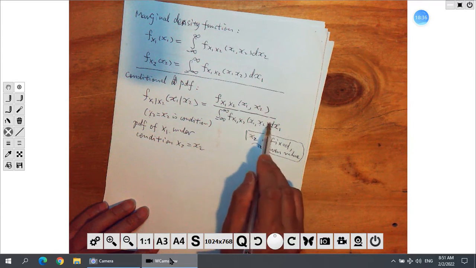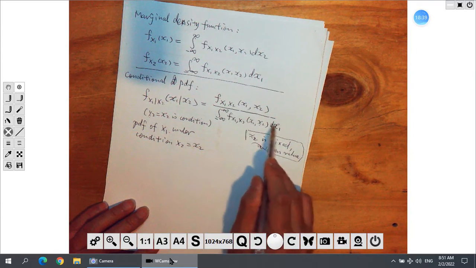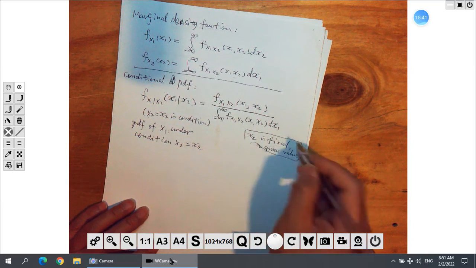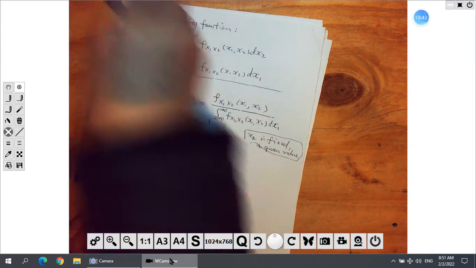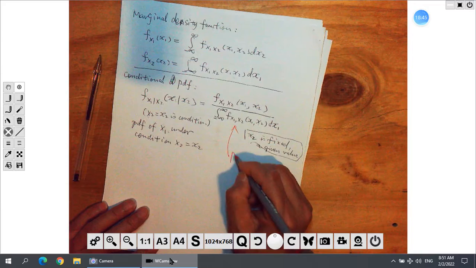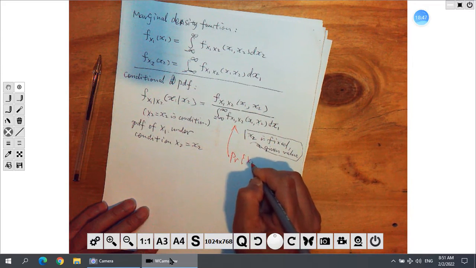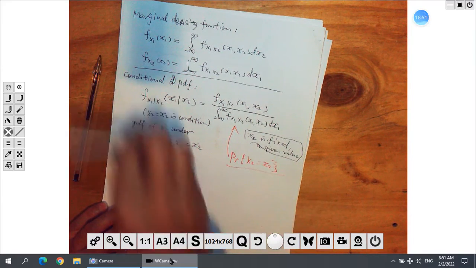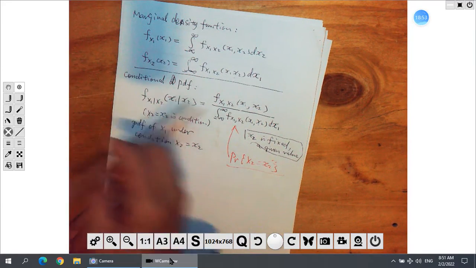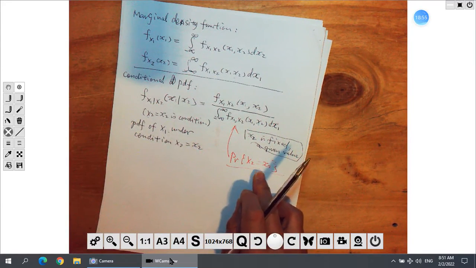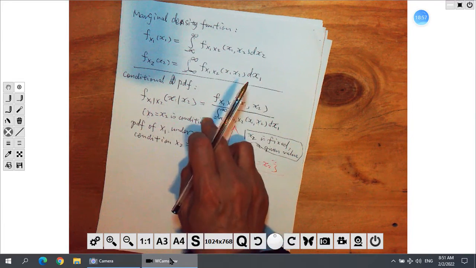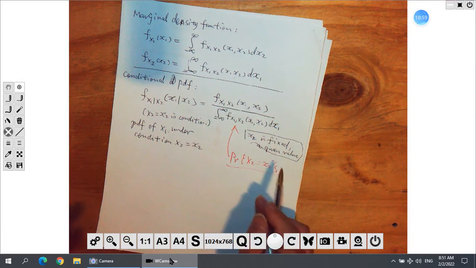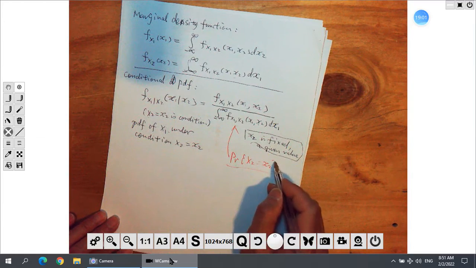So after this, you get just a number. You can think of this number as the probability of x2 equal to x2, but not exactly. Maybe you need to do two integrals. But the meaning is like that.